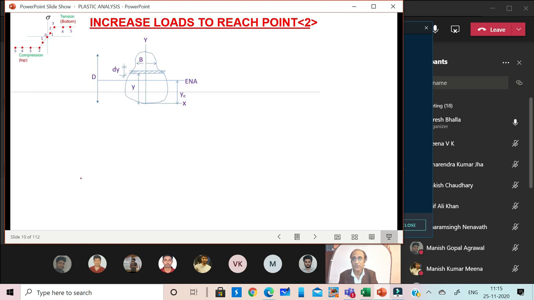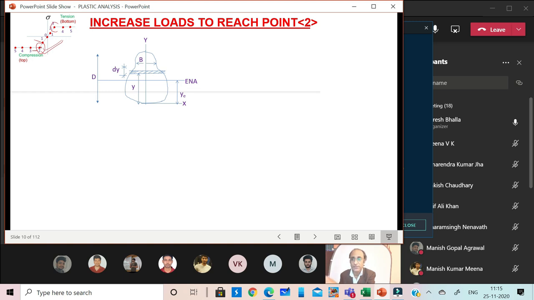So this happens in the case of the elastic sections. Now we increase the load such that we are able to reach point number 2. So what is point number 2? Point number 2 is at the top and bottom. I am drawing the locations. In the case of the top, it's just located at the boundary, that is, it's the yield point.